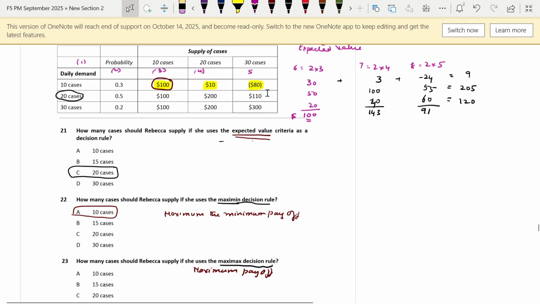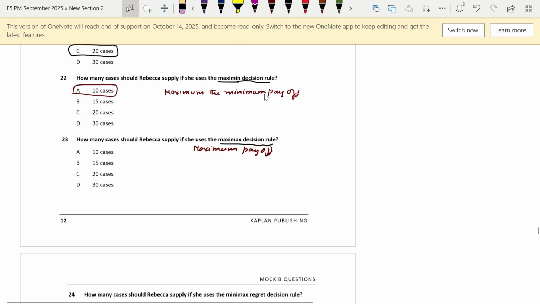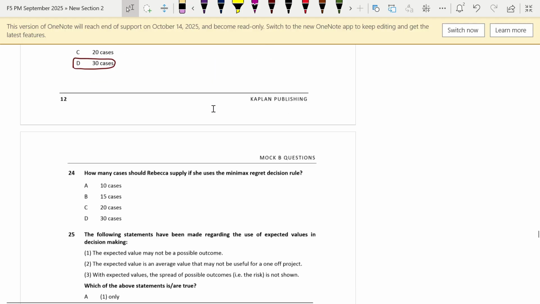How much is the maximum payoff? 300. Understand this? This is easy scoring marks. You have to be very clear on the rules, that's all.